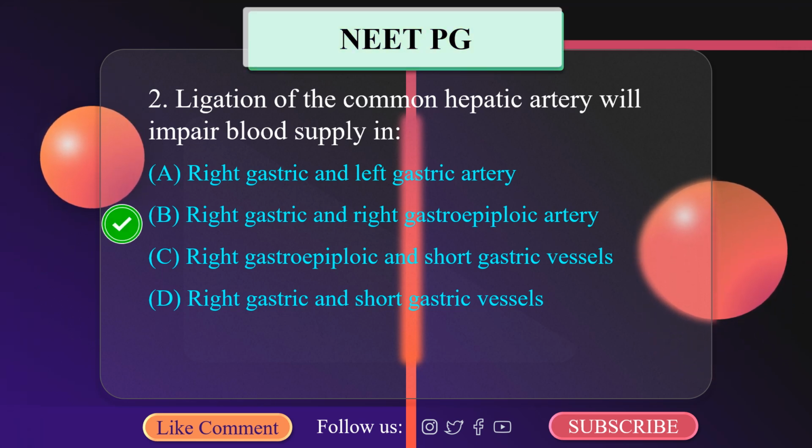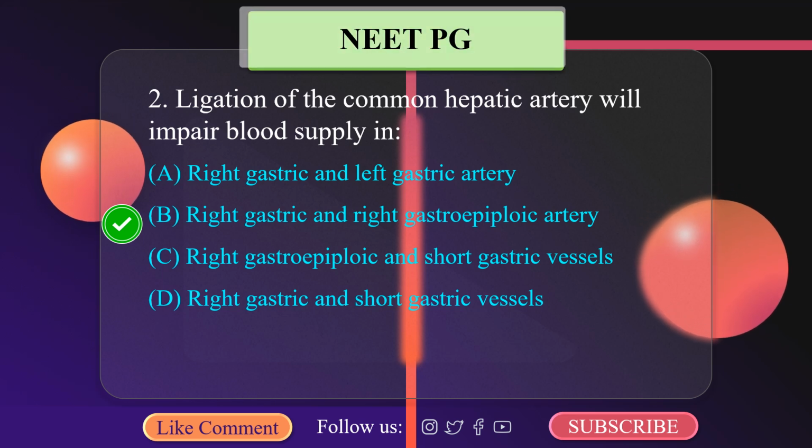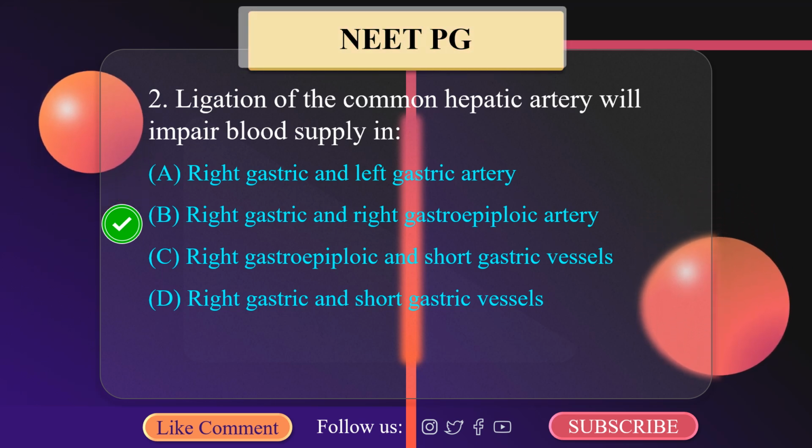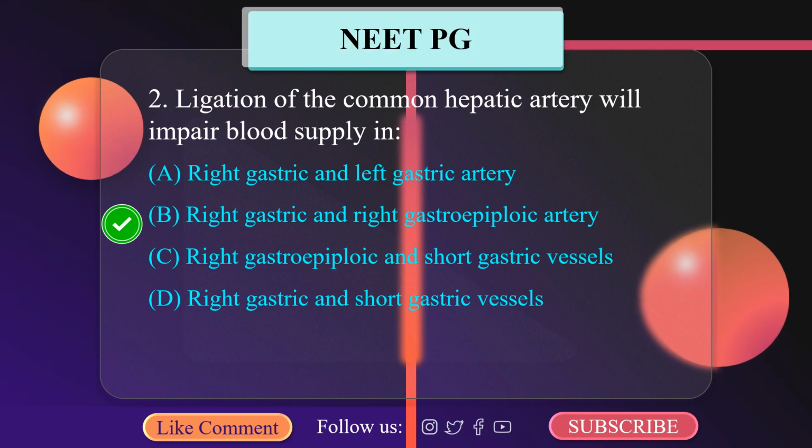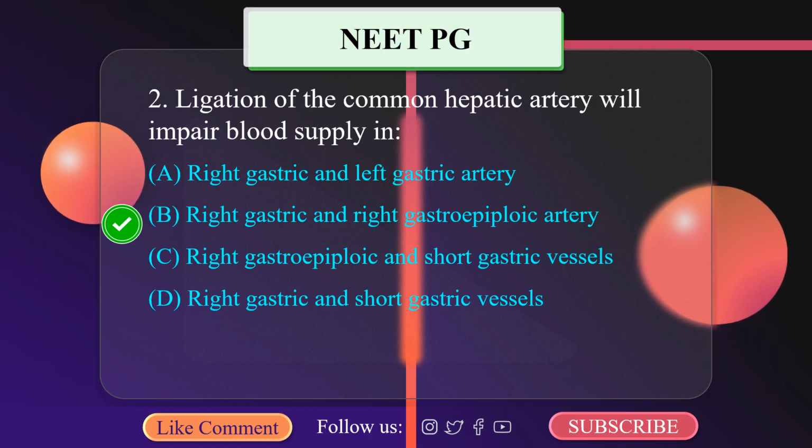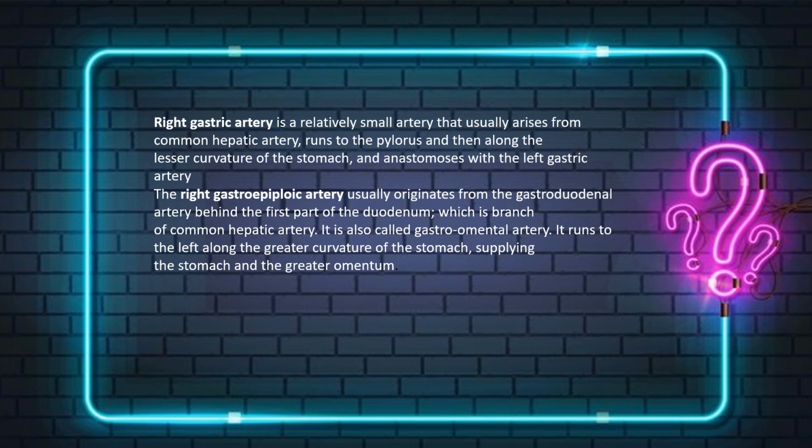The correct option here is right gastric and right gastroepiploic artery. The right gastric artery is a relatively small artery that usually arises from the common hepatic artery.